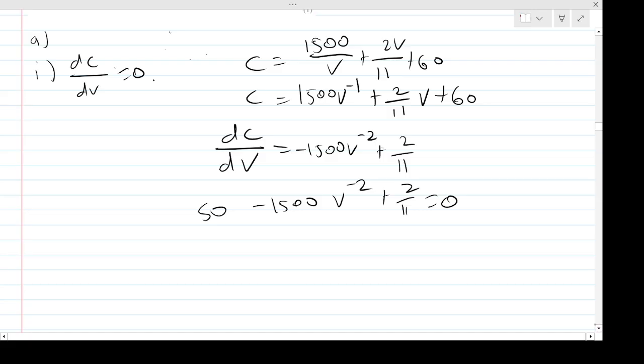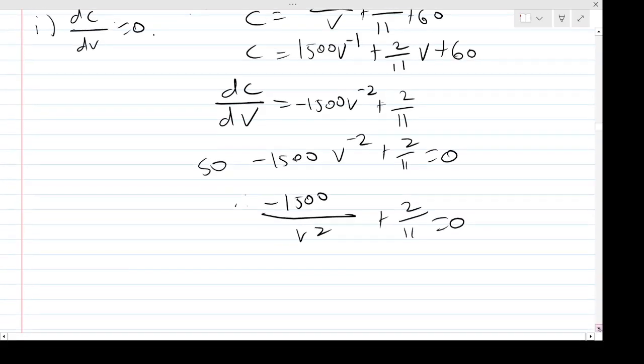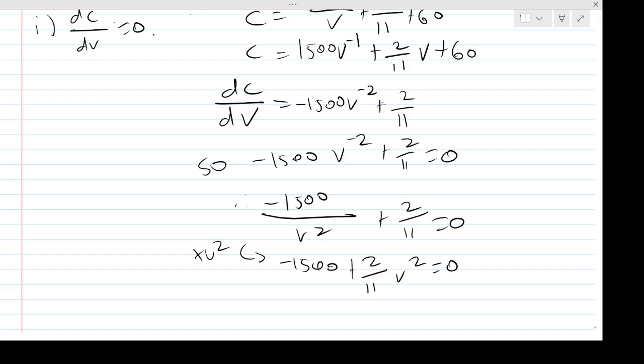To help see what I need to do, it's best to convert this v to the minus 2 as a fraction. So minus 1500 over v squared, add 2 over 11 equals 0. Then I can times everything by v squared, both sides. So minus 1500, add 2 over 11 v squared equals 0.